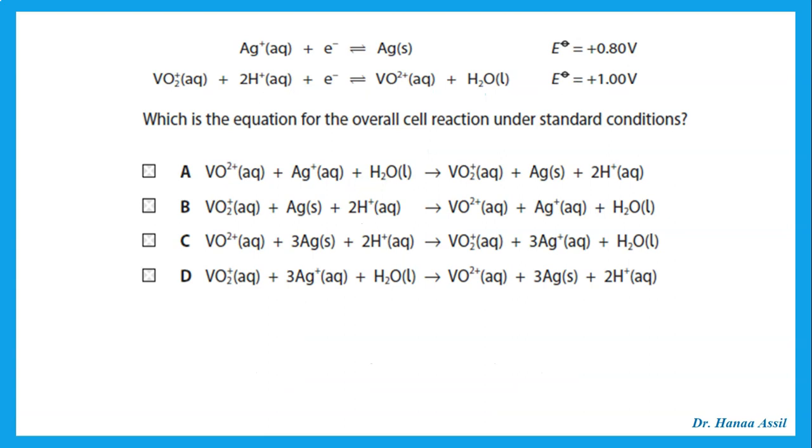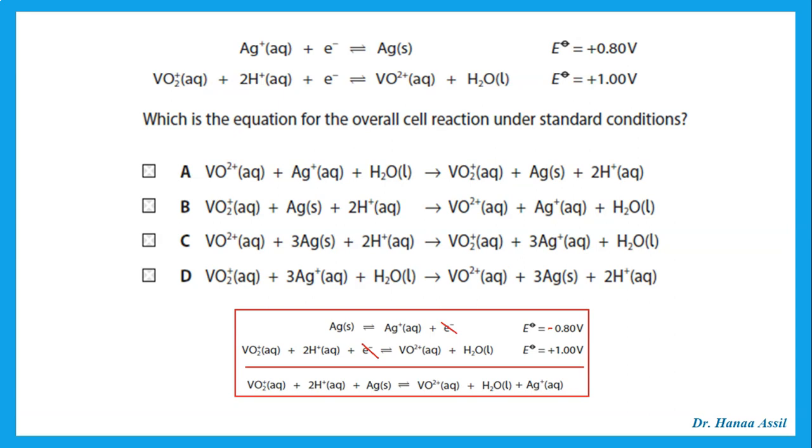This one says, which is the equation for the overall cell reaction that we have up there? Well, we said when we write all of this, we write them so that the first one and the second one are the same as what we want. We look at the electrons. They are the same number of electrons before and after the arrow.